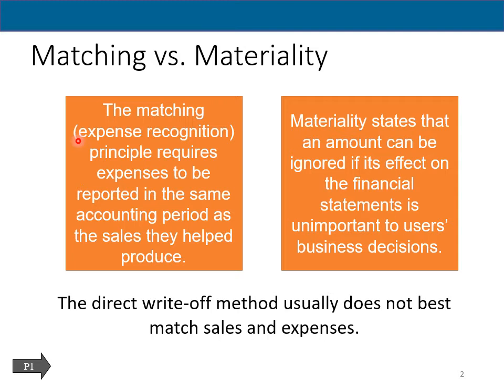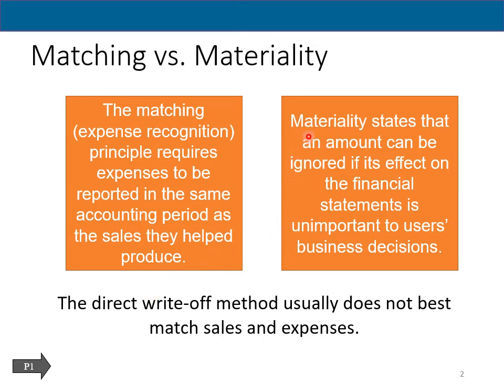All right. So we match that expense to the period in which it's made, and that's accomplished with the allowance method. The direct write-off method does not match bad debt expenses to the period in which they occur.